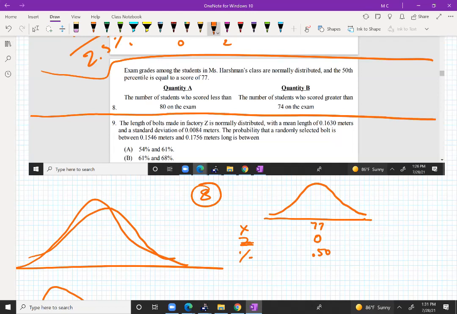So this is what the question gave us: the number of students who scored less than 80. So 80 is just 3 more than that, and 74 is 3 less. So think about it: more than 74 and less than 80. If it's symmetric, it should be exactly the same. Equal. Make sense? Yeah.